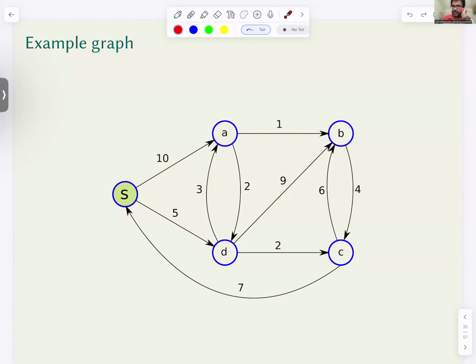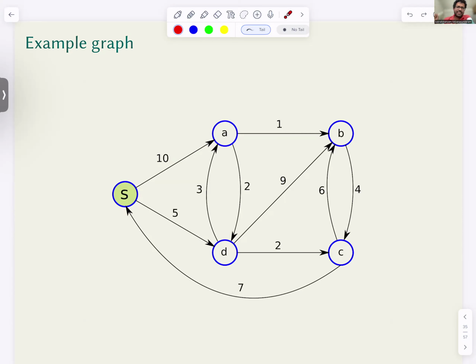And we'll talk about this tomorrow. We will only look at the case where the weights are non-negative integers. We will not look at the case when there are negative values.